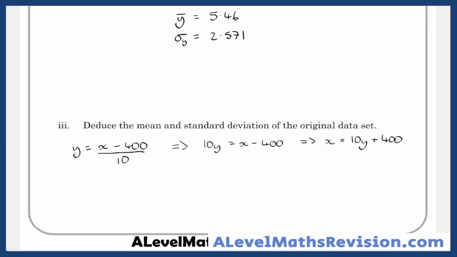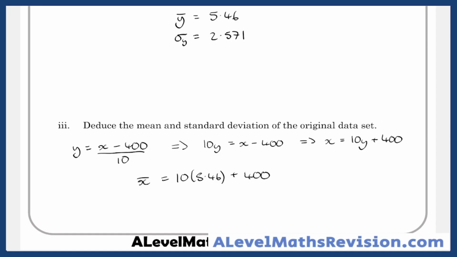So we can see that there's two types of transformation in this linear code being used. We've multiplied by 10 to get back to the original, and we're adding 400. So we know that x bar, using that code, must be 10 lots of the y bar plus 400.